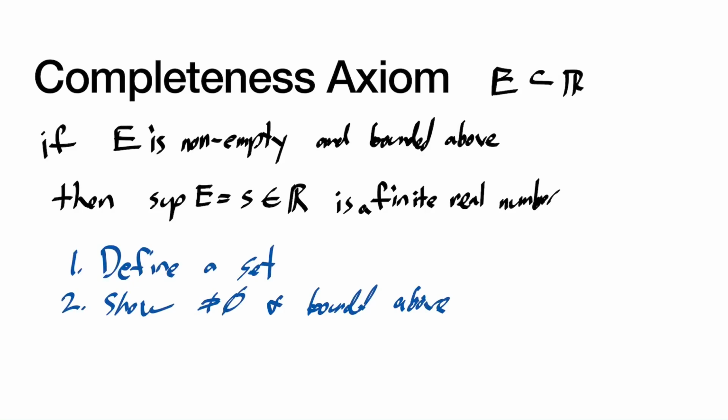So if it's not empty and bounded above, then what does that mean? That means it must have a sup. But now once we know it has a sup, or once it has a supremum, then that supremum, we can use the properties of the sup to solve our theorem.